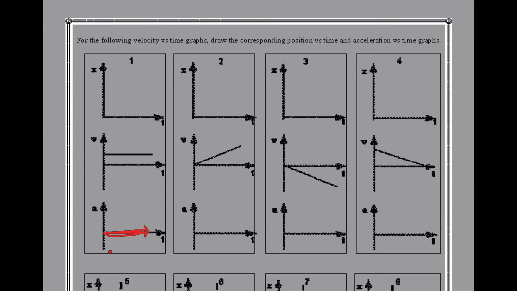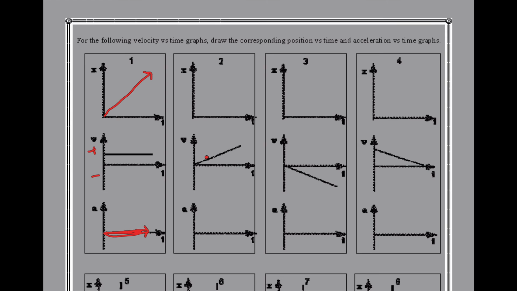Okay? To go up here to the position time graph, since this is a straight horizontal line, this needs to be a straight line. But is it in the positive quadrant or the negative quadrant? Since it's above the axis, our position time graph is going to be a straight line that is increasing.